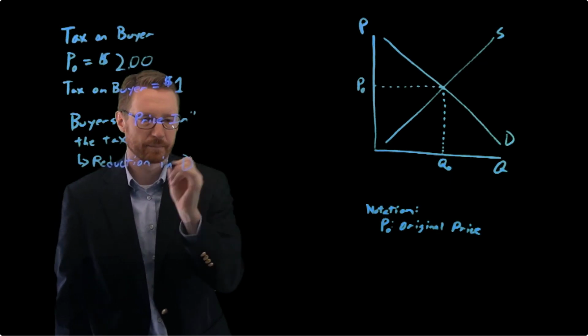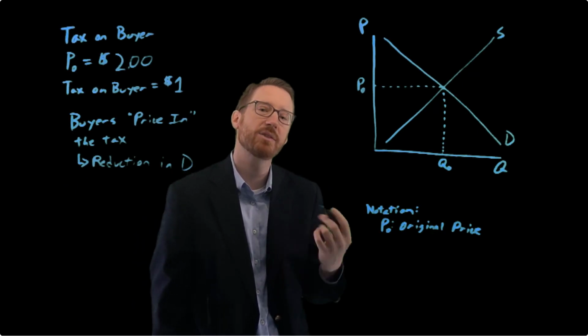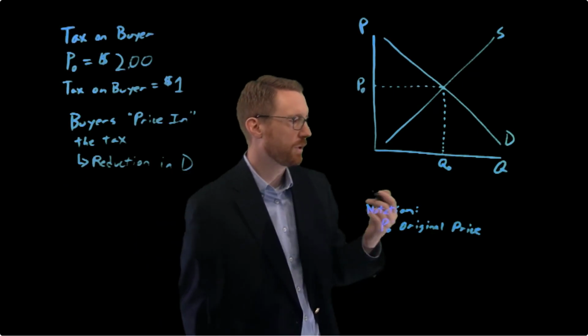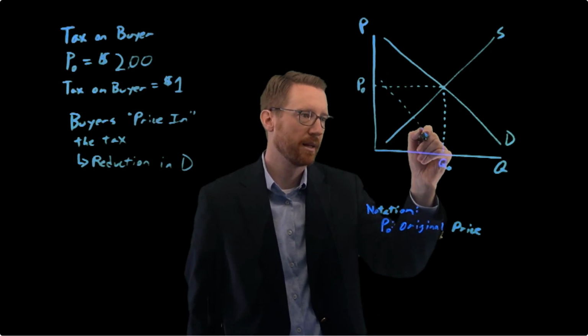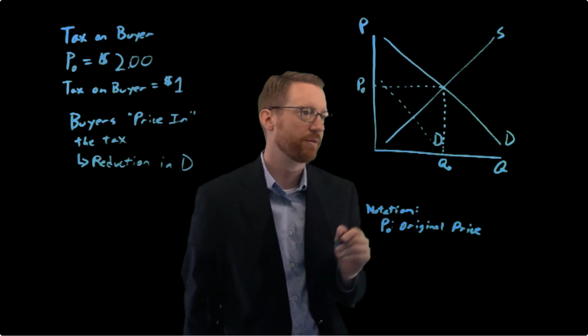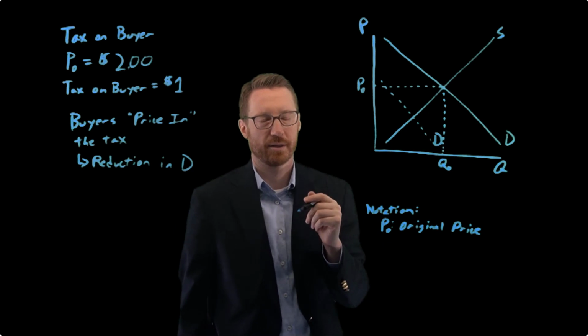So now we can go put this over in our supply and demand model and see what it looks like. So let's think that demand is reduced. So demand shifts to the left. All right, how far does it shift?